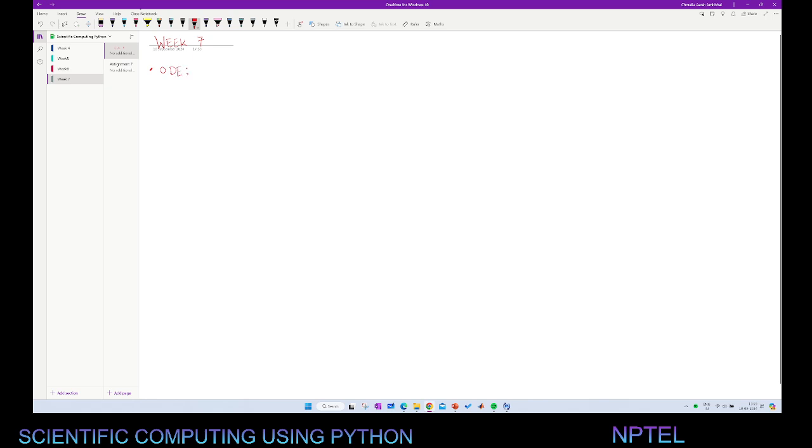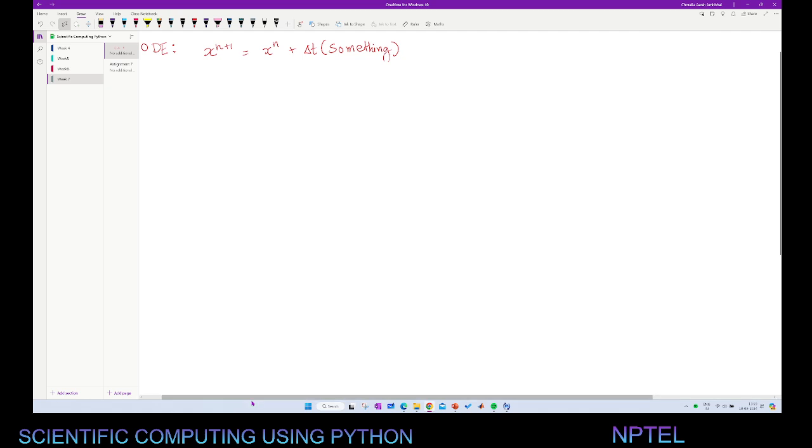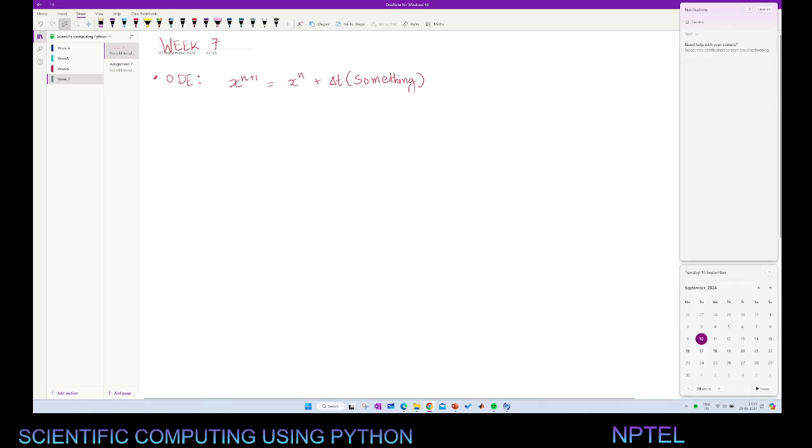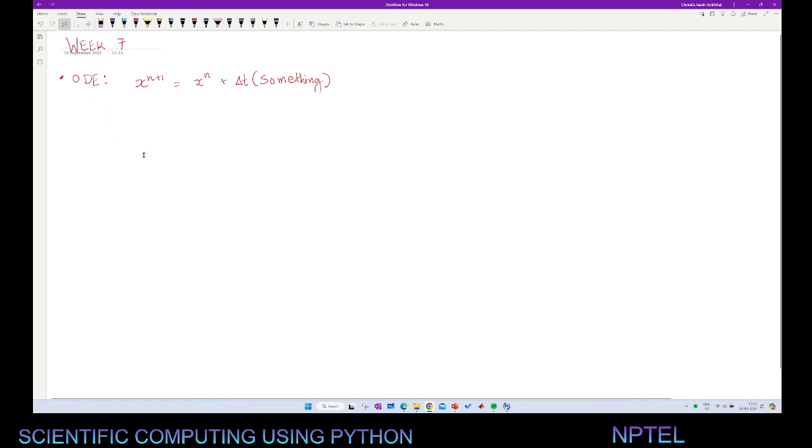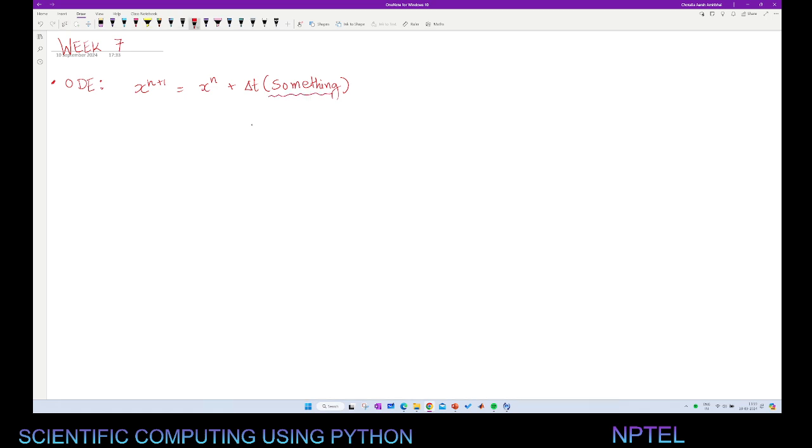The basic idea was x_{n+1} is x_n plus delta t times something, and this something determines the scheme that we are using.